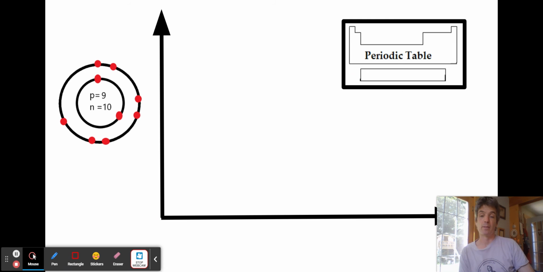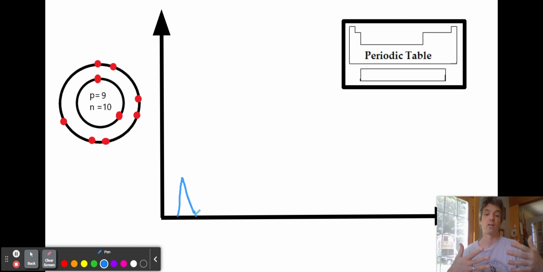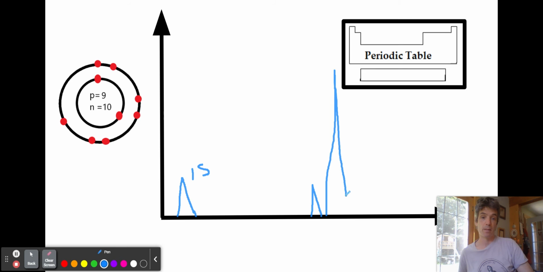And here's a third element. This is fluorine. Fluorine's 1s is going to be even further over if you had them all on the same scale. It's going to have one peak for the 1s, then another peak for the 2s, and then an even bigger peak for the 2p that goes all the way up to 7.